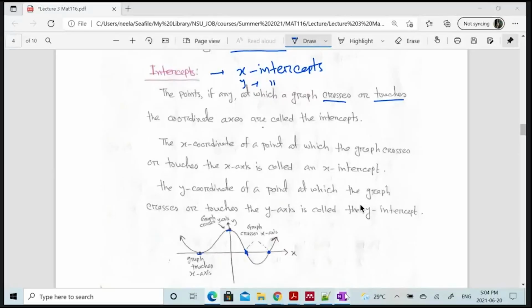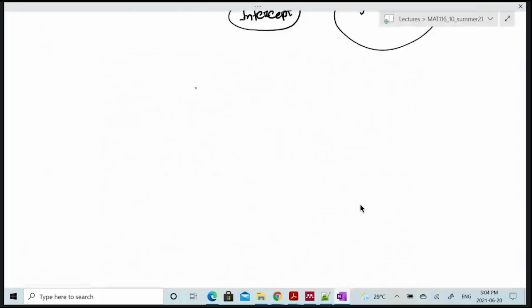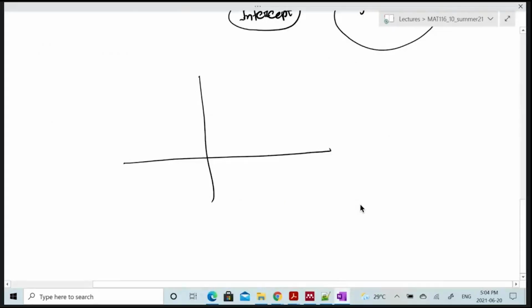Meaning what? Say we have a graph like this. And remember, this is called the x coordinate, this is called the y coordinate. A graph is a bunch of points. In order to draw this graph, we needed to have a bunch of points, right?